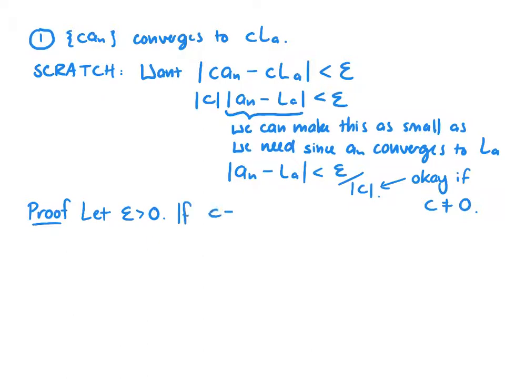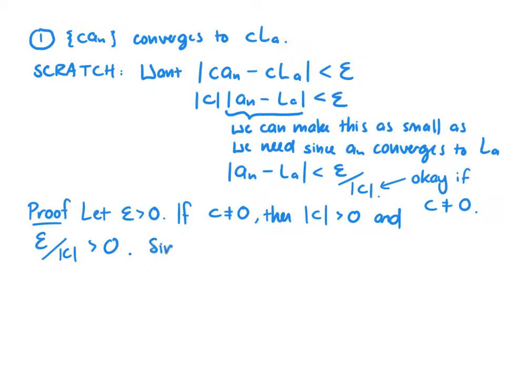So if C is non-zero, then absolute value of C is positive, and that means that epsilon divided by absolute value of C is positive.